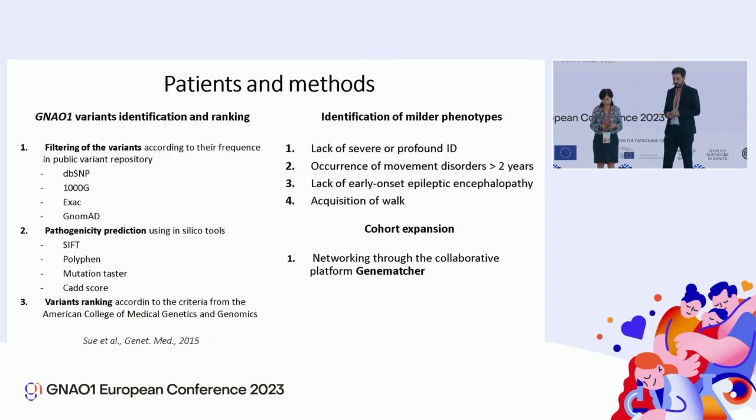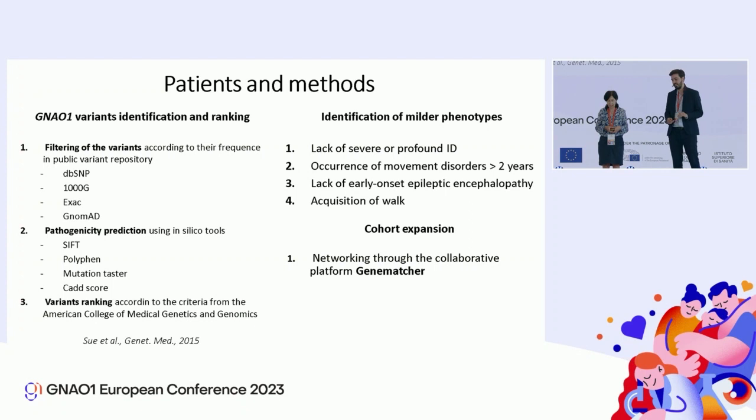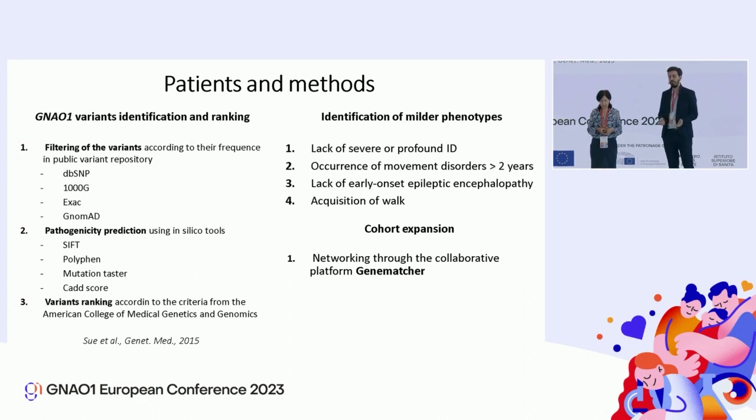To do this, we selected milder phenotypes defined by the lack of severe or profound intellectual disability, the occurrence of movement disorders after 2 years of age, the lack of early onset epileptic encephalopathy, and more importantly, the acquisition of walk.